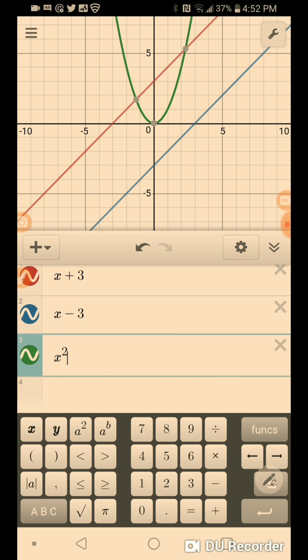Here I have to click on the x function and then click on the a to the second power function. So this is the parabolic function. The parabola opens up. However, another name for the parabola function is quadratic function.